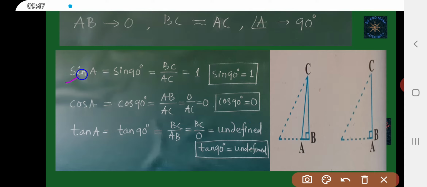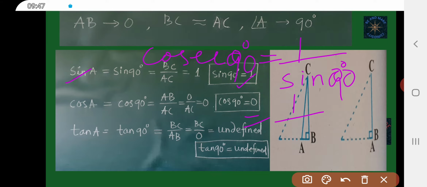Now you find cosec 90 degree, which is the reciprocal of sin 90 degree. So 1 by sin 90 degree, that is 1 by 1, that is equal to 1.